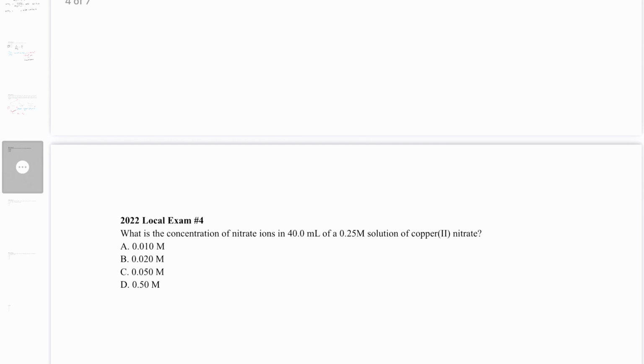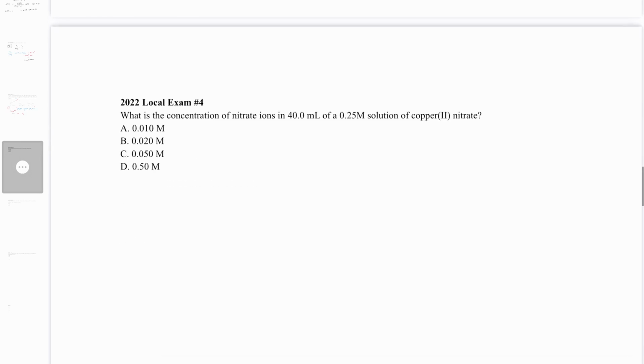What is the concentration of nitrate ions in 40 mL of a 0.25 molar solution of copper nitrate? Copper nitrate is Cu(NO3)2. And if you know that copper nitrate has a concentration of 0.25 molar, if you're trying to find the concentration of the nitrate ions, it's just going to be double that.